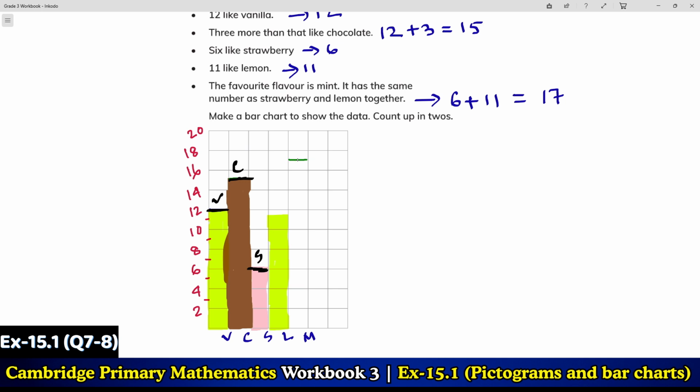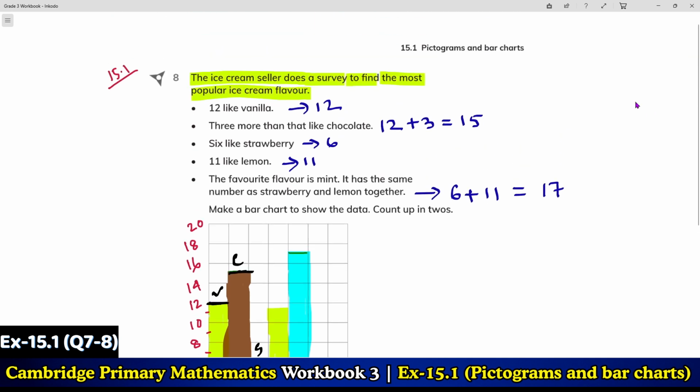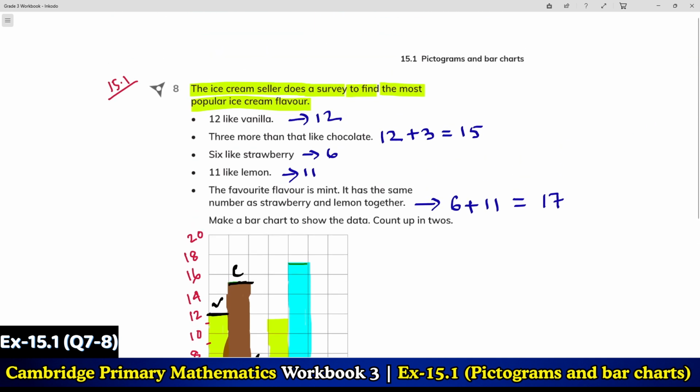Okay, so this is our bar chart. Very simple. So this is our answer for question 8. Done.